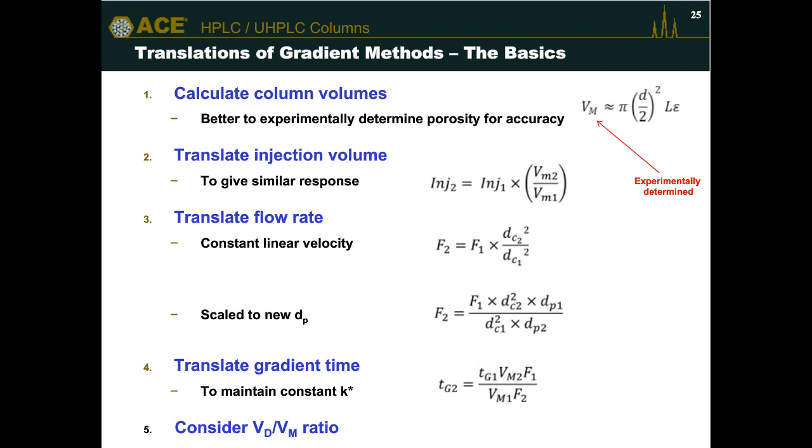So we need to think about that equation as well. We also need to consider the dwell volume in the instrument. And this is important for standard methods on the same system, if you're changing the column dimensions, but it's also important when you move from one instrument to another.